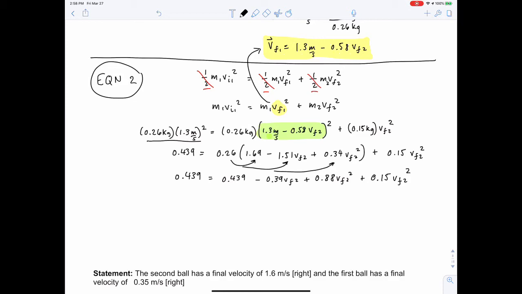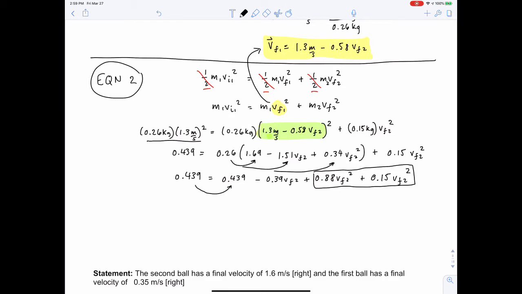So again, we're going to have to collect like terms and solve for VF2. We have 0.88 VF2 squared and 0.15 VF2 squared. I'm also going to bring this left side 0.439 over the equal sign.